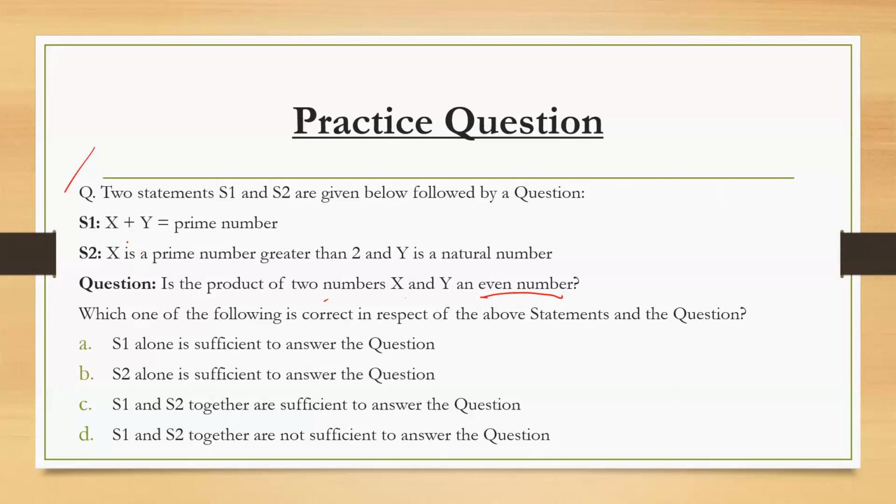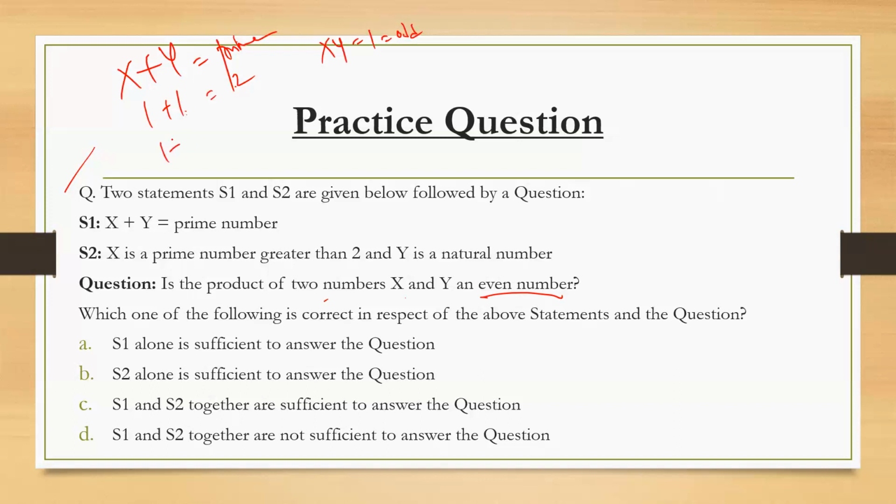All right. What do you have? x plus y is a prime number, right? Now, is the product an even number? So you should get either a definite yes or a definite no. Now let's say I assume 1 plus 1 is 2. So 2 is a prime number. In this case, what happens to xy? xy is 1 into 1, that is 1 itself, which is odd.